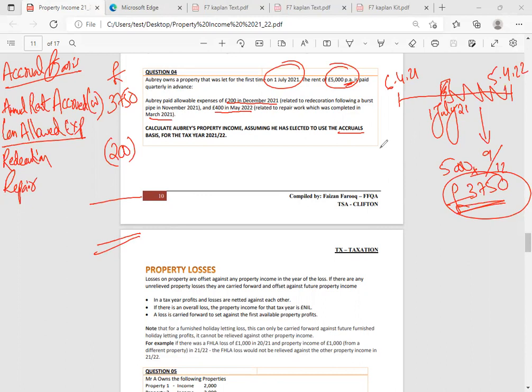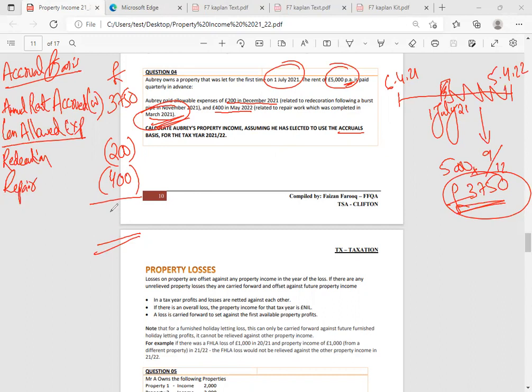Should I take this 400 or leave it as an allowable expense? Yes, we should take it because the work was completed in March, and this is accrual. Accrual means if it belongs to the tax year, we should take it.